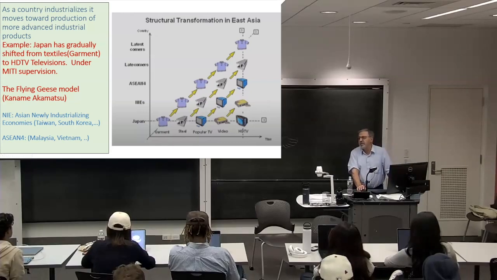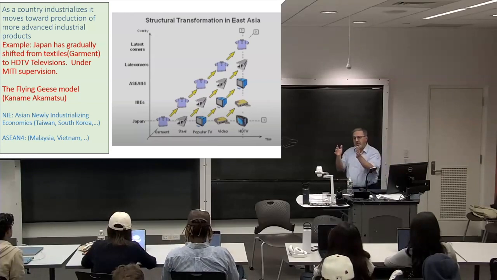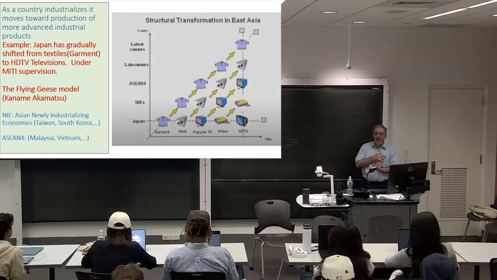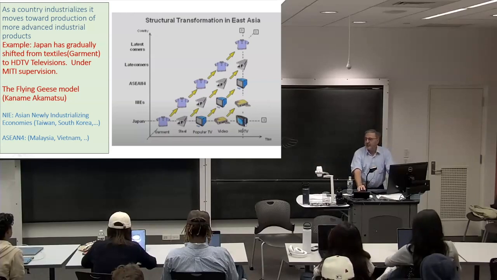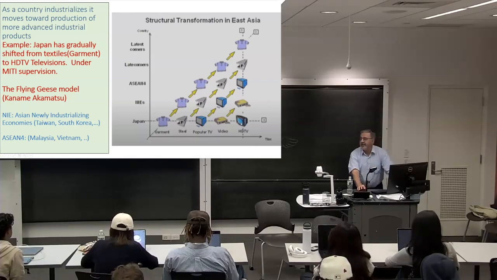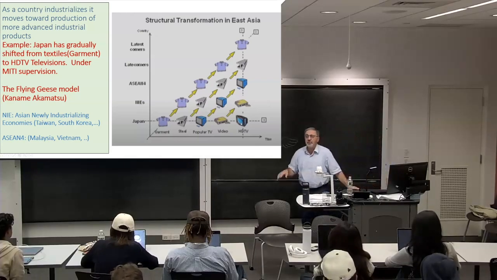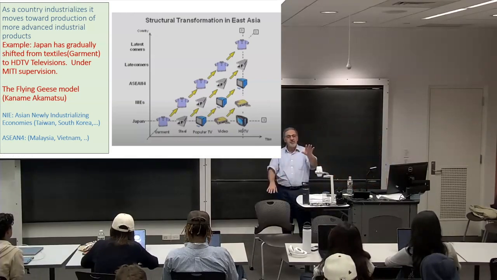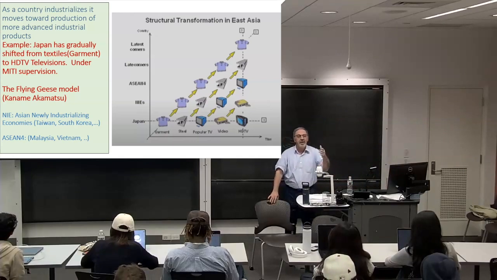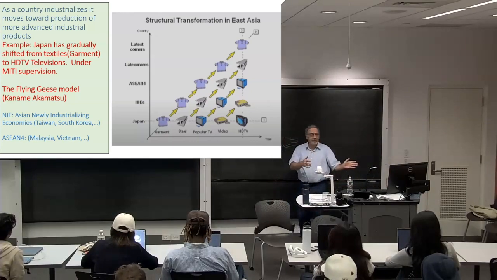The idea was presented first for Japan and its Asian neighbors. Japan was the leading country, it would continuously move to new industries, and then Japanese firms themselves would invest and transfer the older industry into a new country. So what does that do?